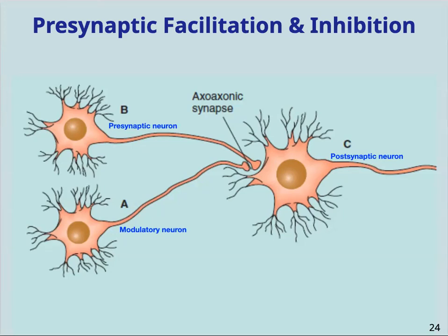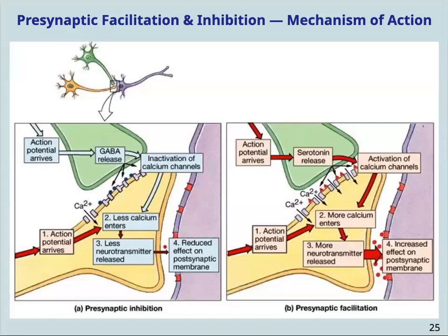Whereas if neuron A decreases neuron B's effect on neuron C, this is what we call presynaptic inhibition. As it turns out, both presynaptic facilitation as well as presynaptic inhibition work through activation or inactivation of calcium channels at the axon terminal. Okay, so let's take a closer look at the mechanism of action.